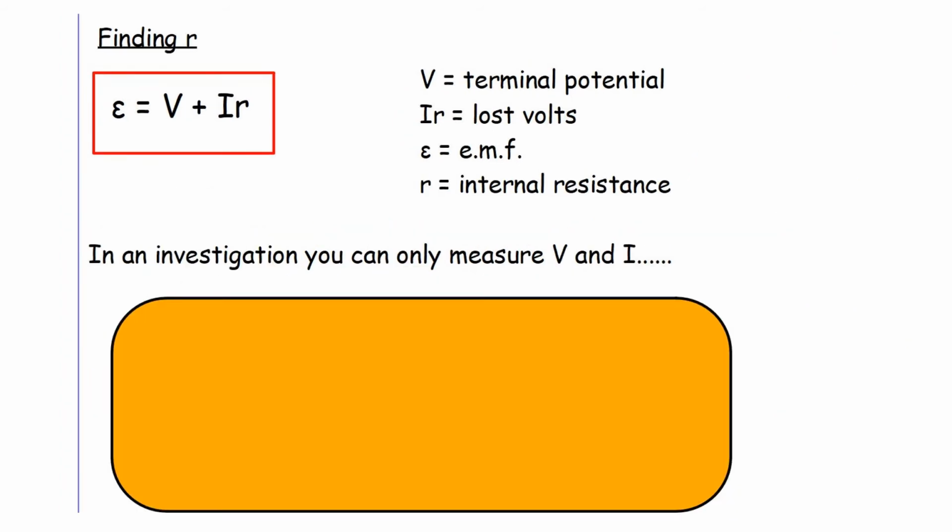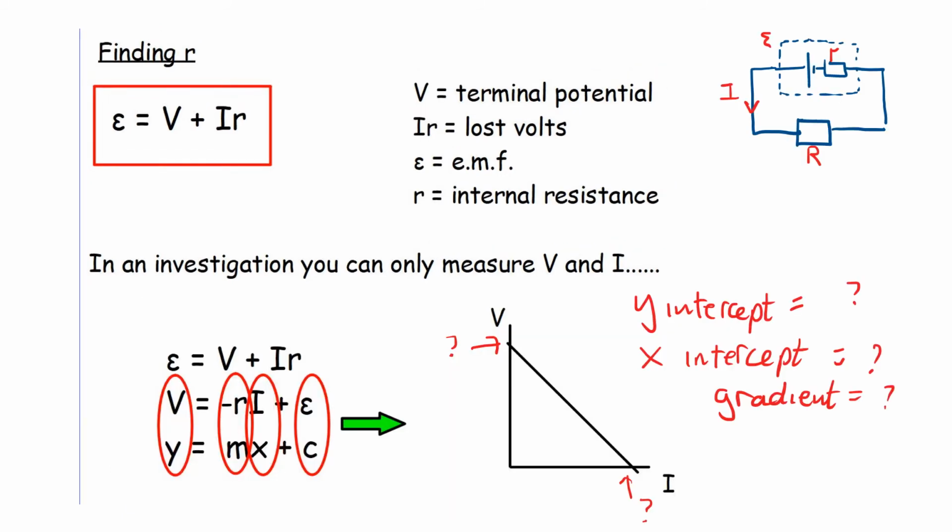So how would we actually go about finding the internal resistance of a cell? In an investigation, you can only measure potential difference and current. So what we would have is a load resistor in the circuit, which we would vary. And by varying that, we would get different values of current and potential difference across the cell, which is our V, terminal potential.